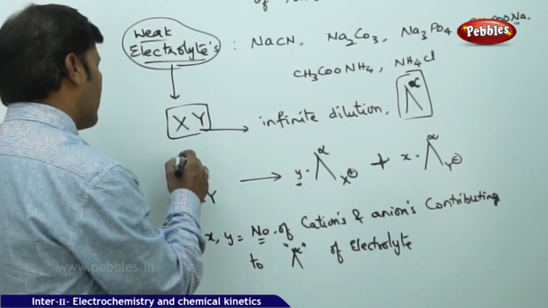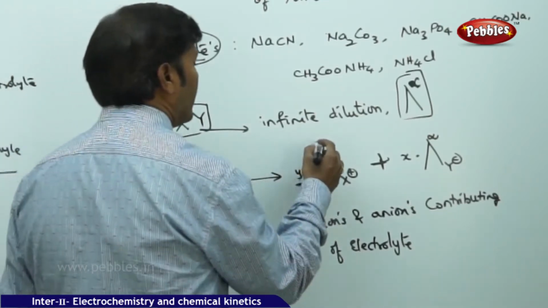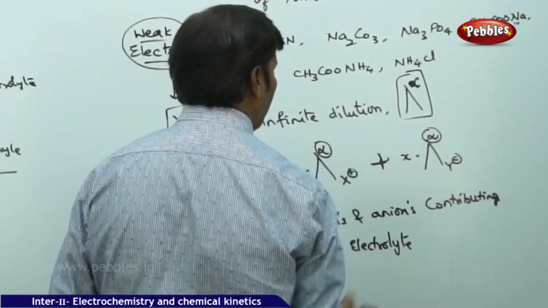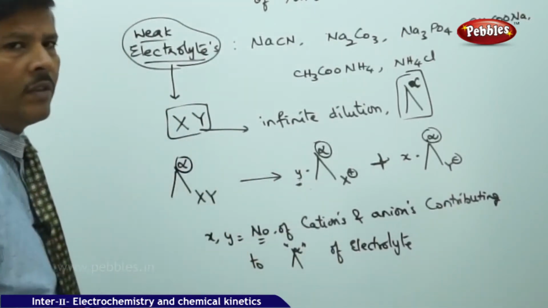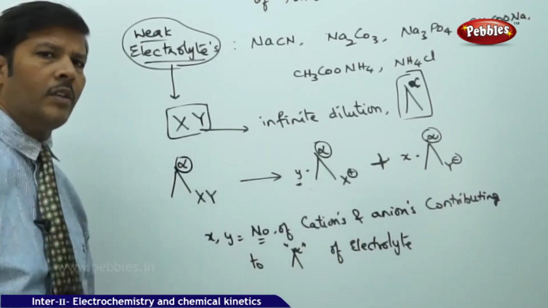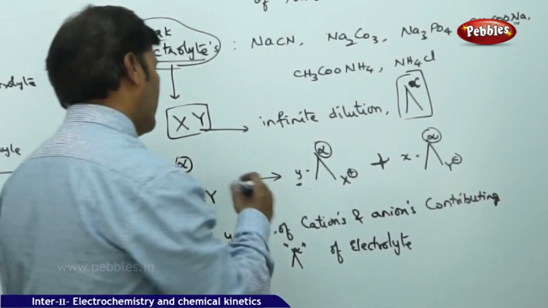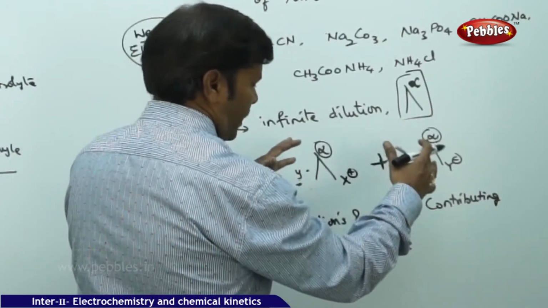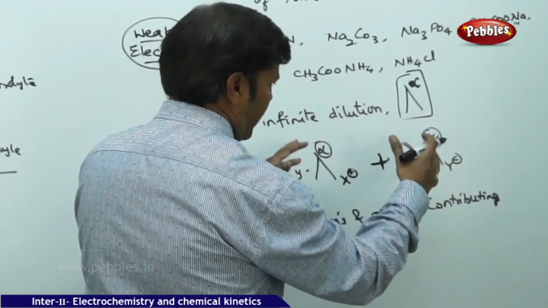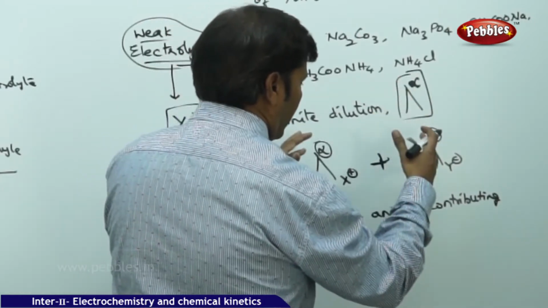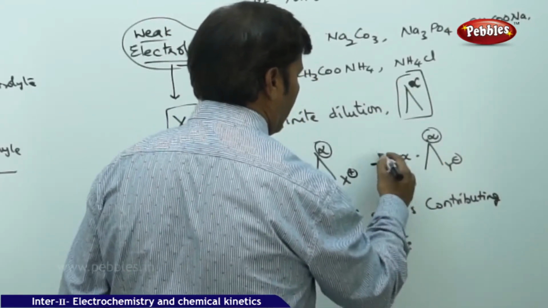You can see the power I am very clearly mentioning, the infinite dilution. This alpha represents that the electrolyte is already subjected to infinite dilution. So their net molar conductance, or the equivalent conductance at infinite dilution, is always equal to their sum.